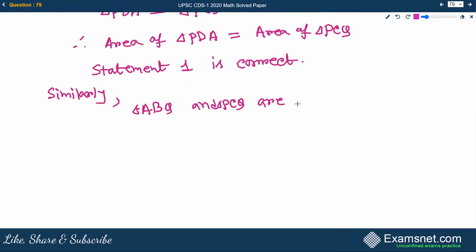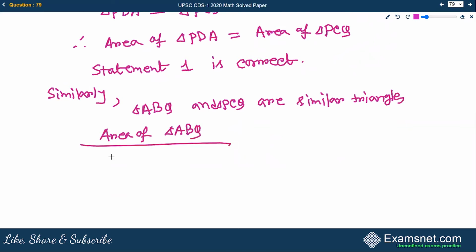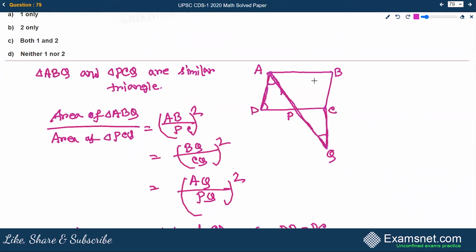So the ratio of the area of triangle ABQ and triangle PCQ is equal to (AB by PC) whole square. Since P is the midpoint of CD, and AB and CD are equal. Why? Because ABCD is a parallelogram. Opposite sides are parallel and equal. So AB equals CD.